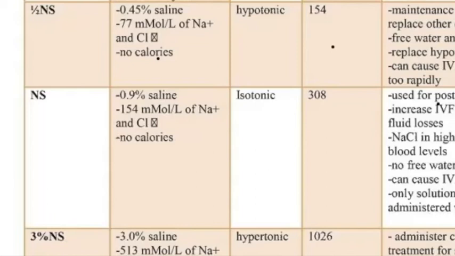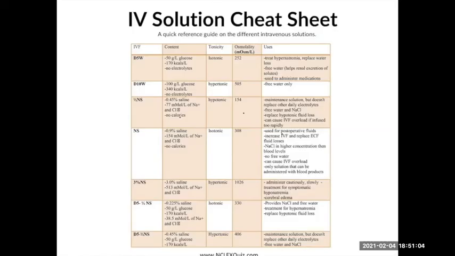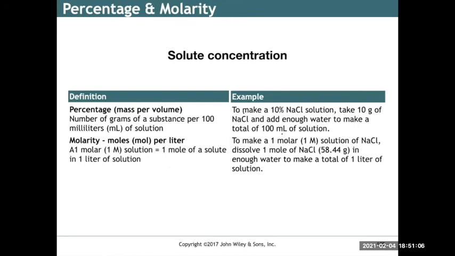So you could label that as maybe 0.9% saline, or you could also call it 154 millimoles per liter of sodium and chloride, right? These are two different ways of saying the same thing. These are different ways of expressing concentration.